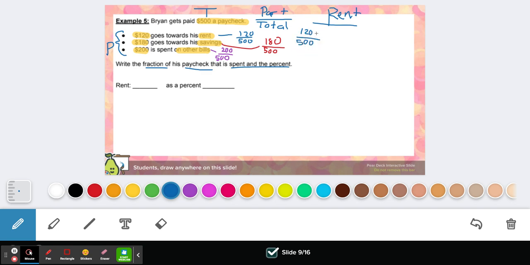I need to simplify this, and it is possible. I'm going to look at my last two digits of that 120, it's 20. So I'm going to see, does 20 go into 120 and 500?